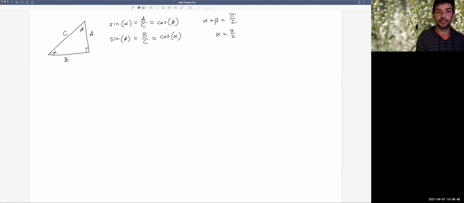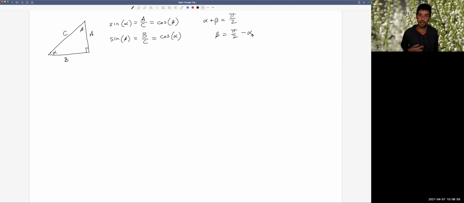Sorry, I want to do it the other direction just to be consistent with my notes. There's no problem with what I just wrote, but I want to be consistent with the text and my notes. Beta is equal to pi over 2 minus alpha, okay? And so these relationships I wrote up here, I can now summarize as follows.